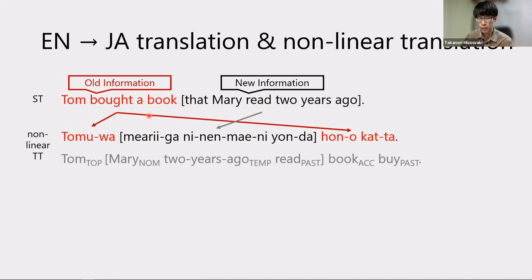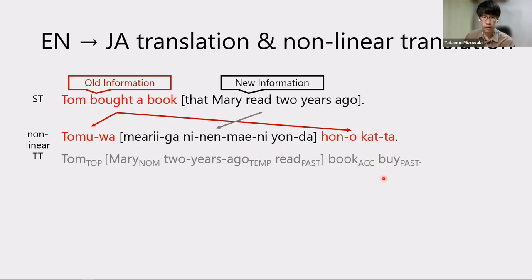In other words, the problem is that the information structure of the source text cannot be preserved in the target text. And another problem is that the main clause, "Tom bought a book" in this case, is split into two parts by the inserted relative clause, and the head of the sentence, I mean predicate, in this case buy, appears at the end of the target text.